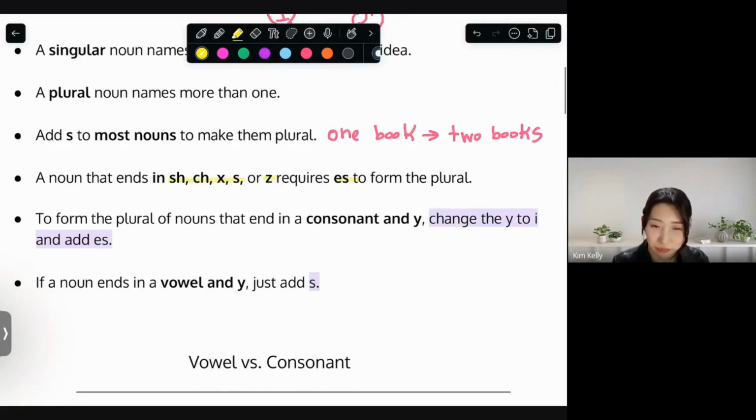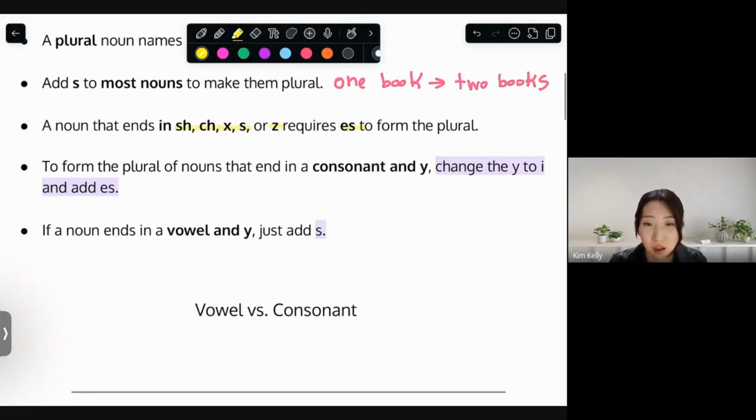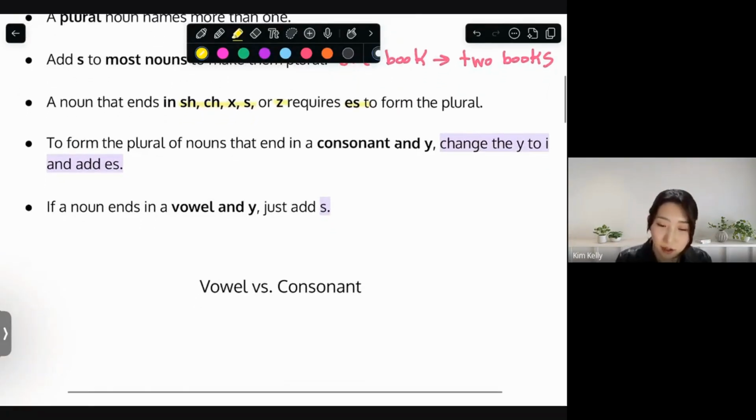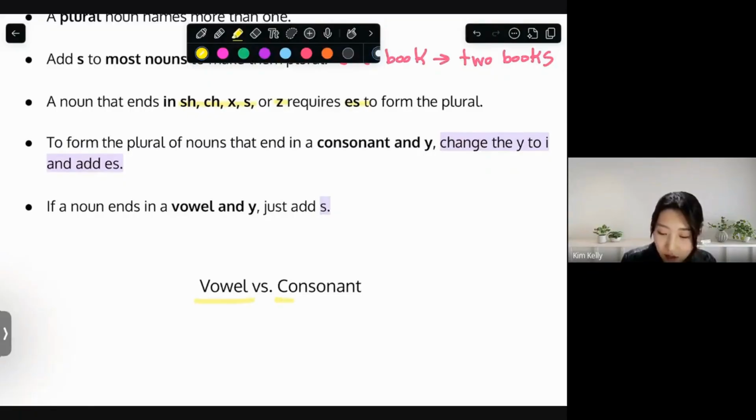Here we go. At this point, you might be wondering, what are vowels and consonants? That's okay. Let me explain. Here, vowels and the consonant.